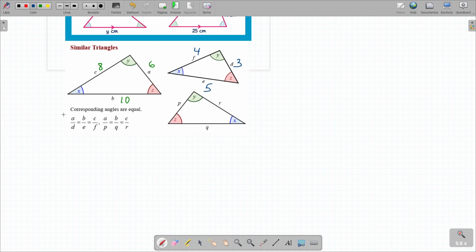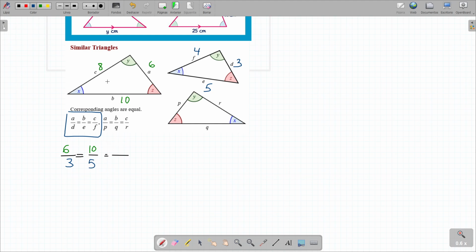But let's follow the property. The property is saying, okay, the side A, which in this case is 6, if you divide it by D, which in this case is 3, it's going to be equal to B, which is 10, divided by E, which is 5.